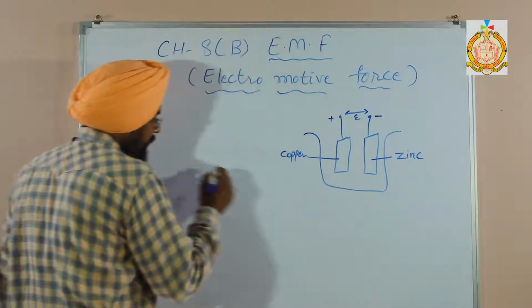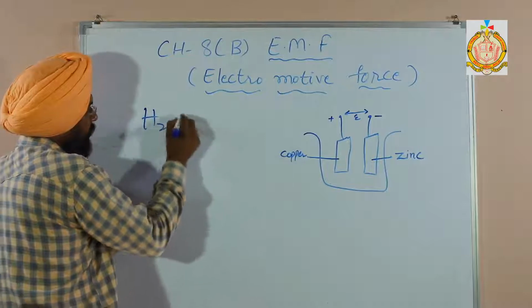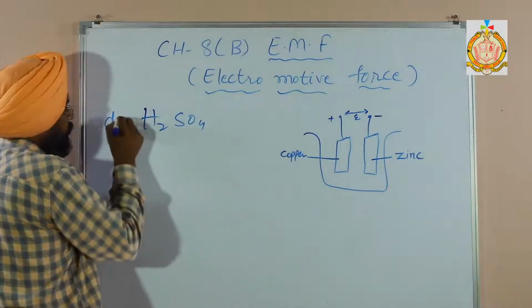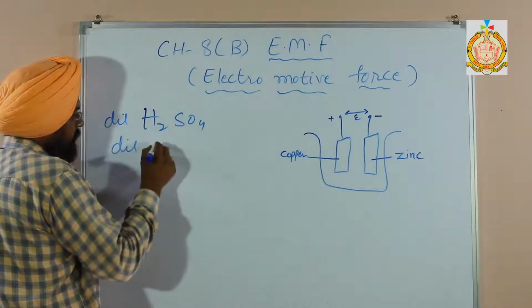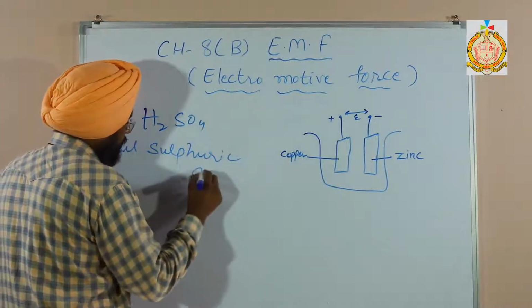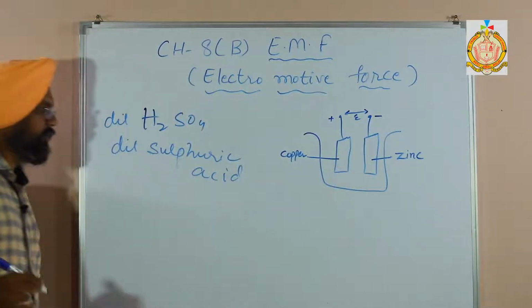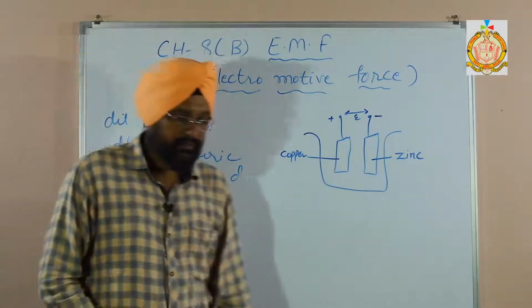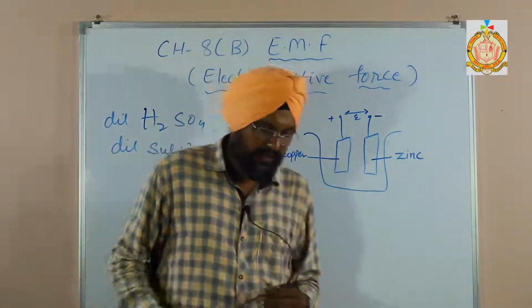That electrolyte is H2SO4 dilute, that is dilute sulfuric acid. The ICSE question is asking: name the electrolyte used in the battery. That is dilute sulfuric acid.